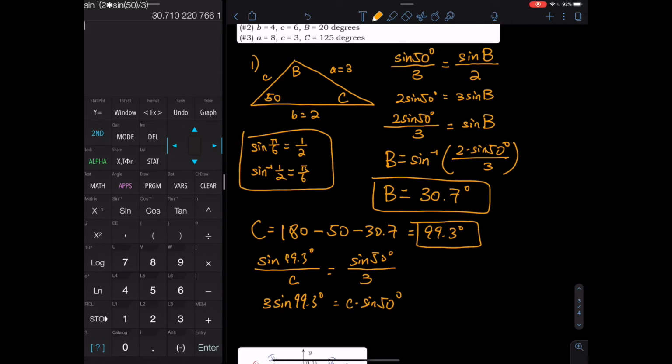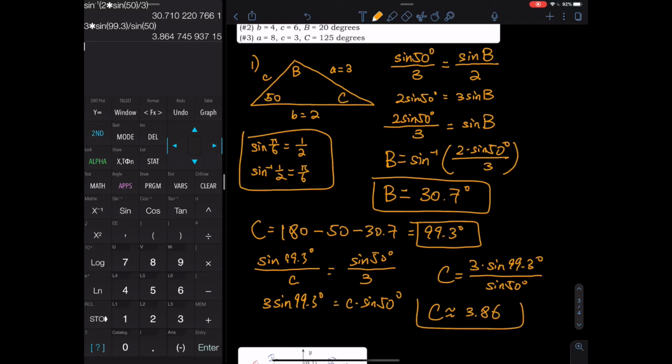So what is c equal to? c equals 3 times sine of 99.3 degrees divided by sine of 50 degrees. So c is approximately equal to what? Just do it. 3 times sine of 99.3, close parenthesis, divided by sine of 50 degrees. That is equal to 3.86. So that is around 3.86.